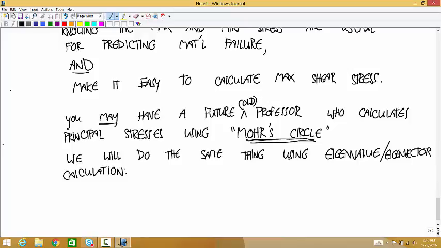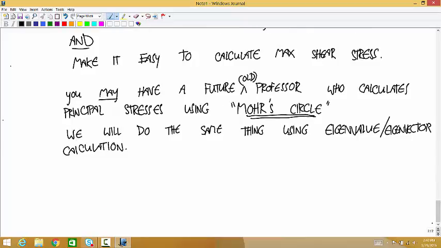And the benefit is your calculator does this. You don't have to. The Mohr's circle way is a graphical approach where you draw real careful circles and then measure the angles and do all this stuff. It's really cool how it works, but it's sort of nicer to just punch something into a calculator. And I'll talk about how that calculation works.